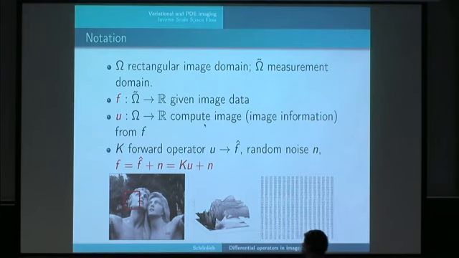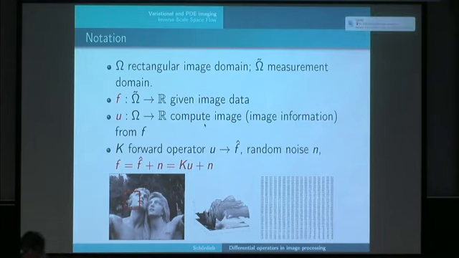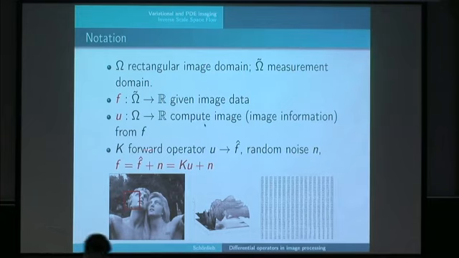This image lives on a rectangular domain, and I call it F. So F is the imaging data that I'm measuring that could well live on a slightly different domain that I call omega tilde. And what I want to compute from F is an image U. And then U and F, as I said, they could be related via some forward operator, and I will make some assumptions about this forward operator as we go along.